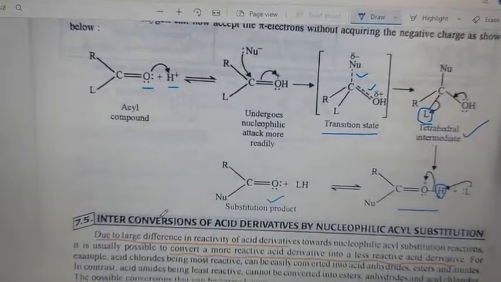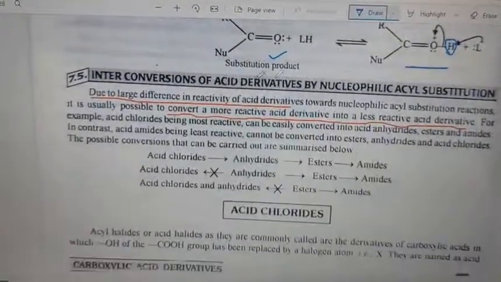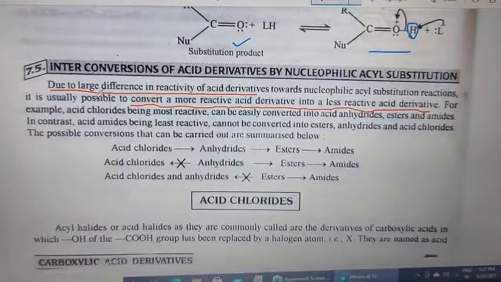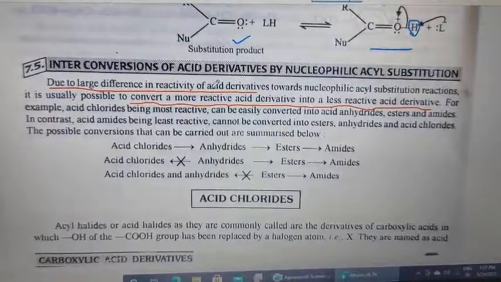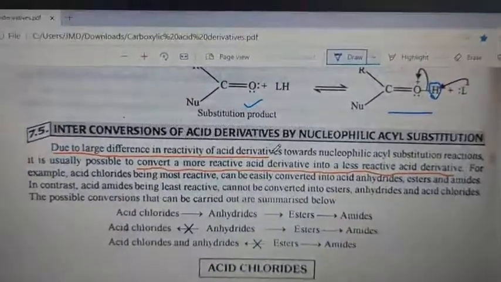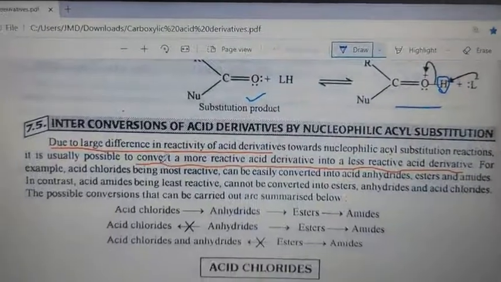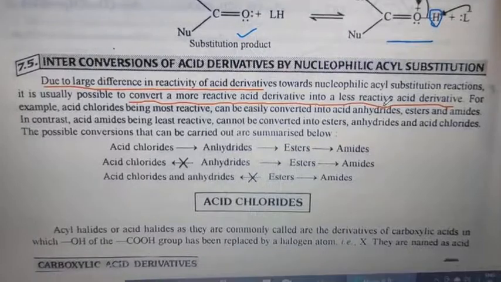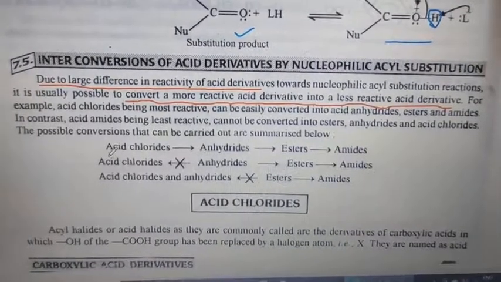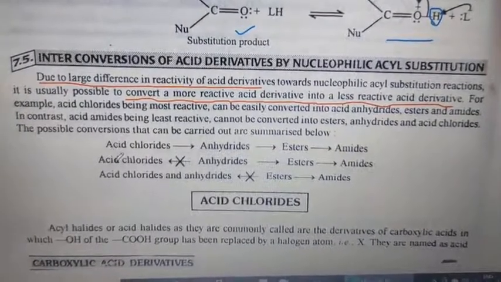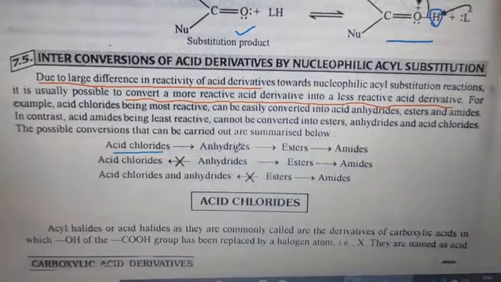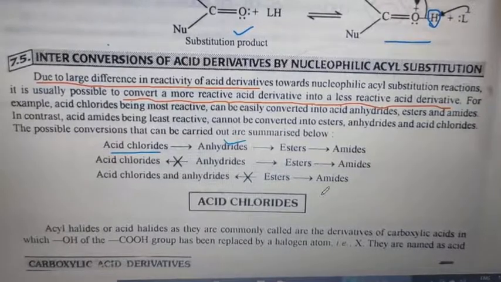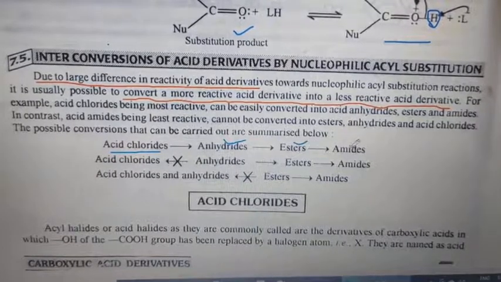The next topic is interconversion of acid derivatives by nucleophilic acyl substitution. Due to the large difference in the reactivity of acid derivatives toward these reactions, it is possible to convert a more reactive acid derivative into less reactive acid derivatives. As we already know the reactivity order, acid chloride is most reactive, so it can be converted into acid anhydrides, or it may be converted into esters and amides.